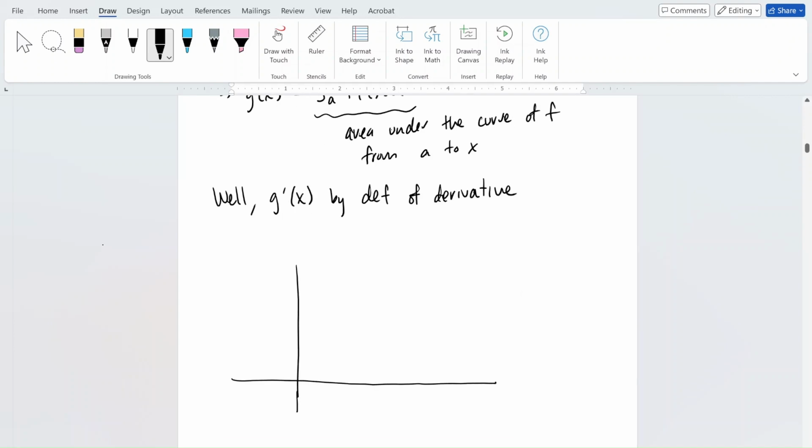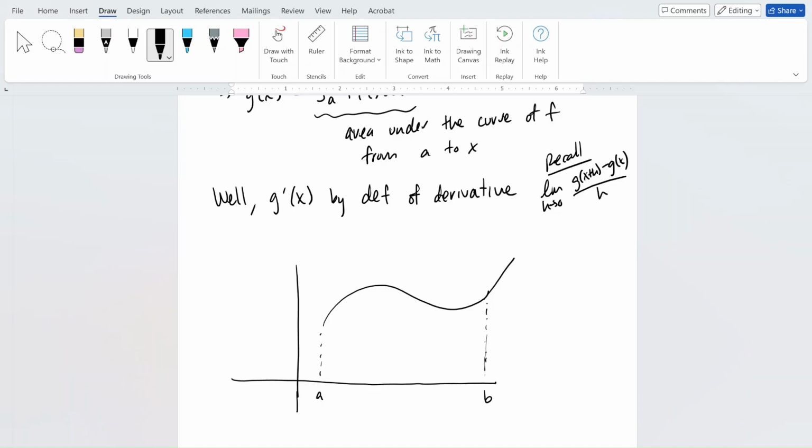Here's your function f, and let's say this is a, and over here might be b, it doesn't matter, and this can go on, but let's just focus within this realm. If you remember the definition of derivative, it's the limit as h approaches 0 of g of x plus h minus g of x, divided by h. That's the derivative of g.